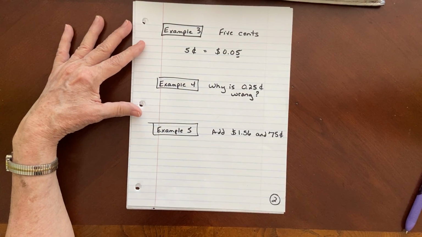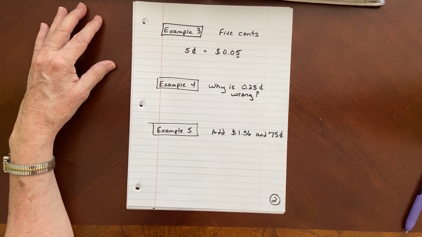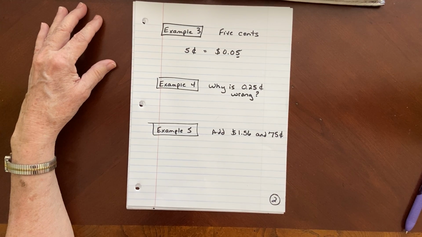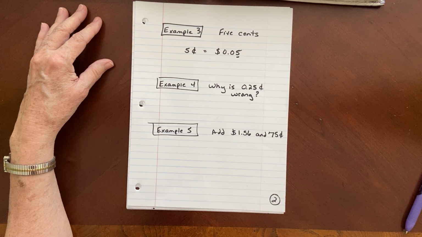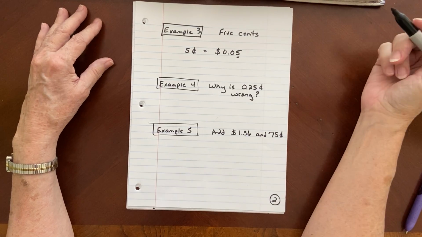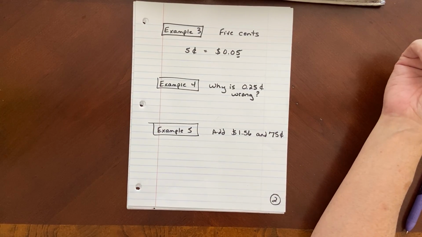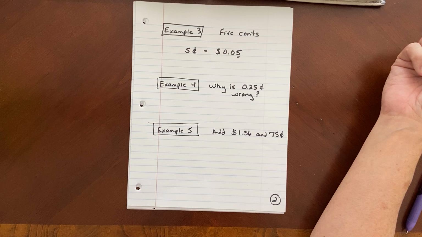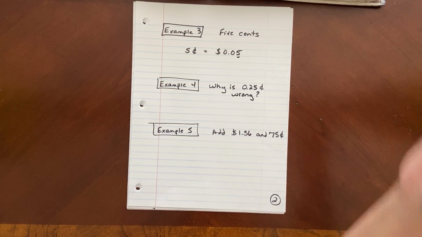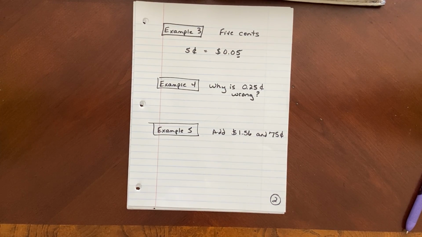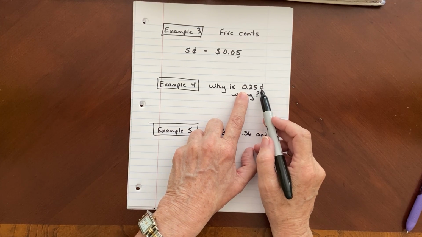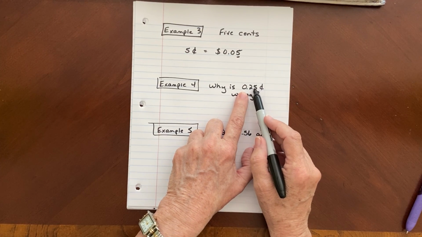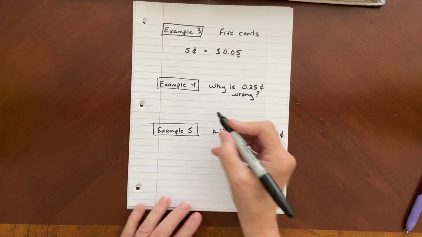Example 4 says, why is the sign with bananas wrong? It says bananas are 0.25 cents each. Oh my goodness, that's telling me that a banana is worth 1/4 of a penny. Well, that's not right. I'm sure they want to sell a banana for 1/4, right? So when they write it this way, they're telling me that that's only worth part of 1 cent.